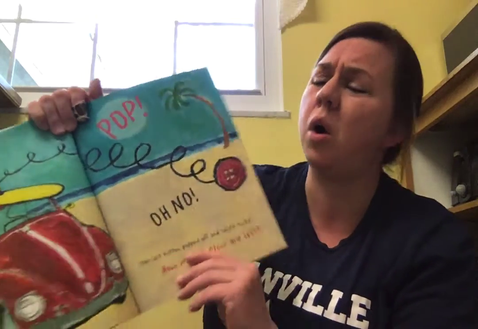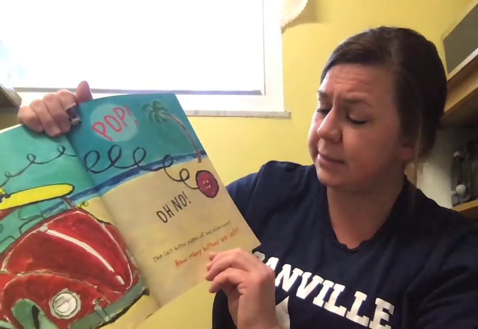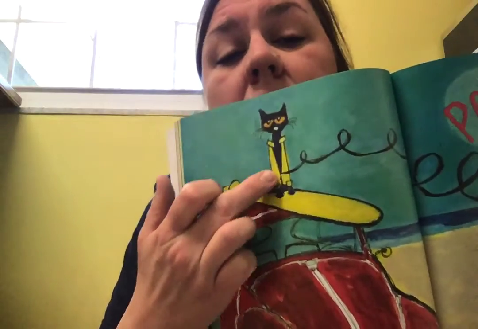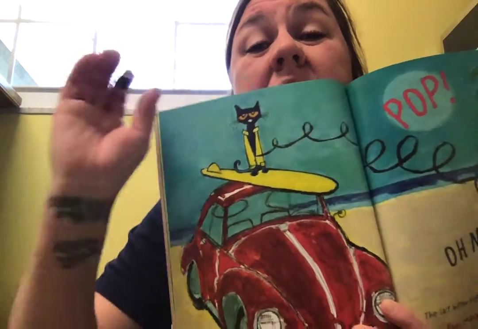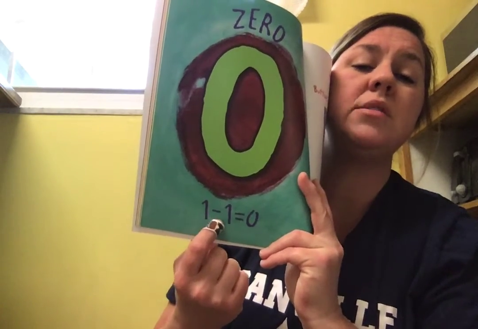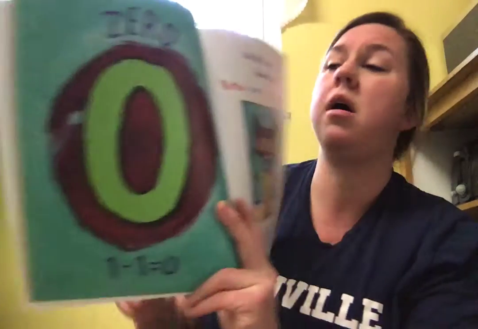Oh no! The last button popped off and rolled away. How many buttons are left? How many does he have left on that jacket? 0. None. 0. Because 1 minus 1 equals 0.